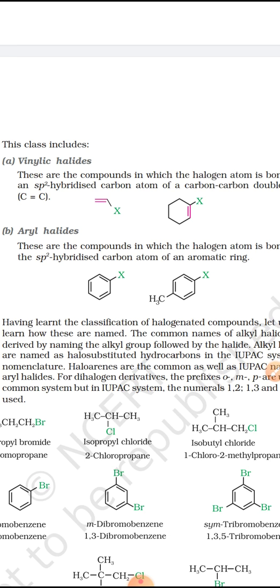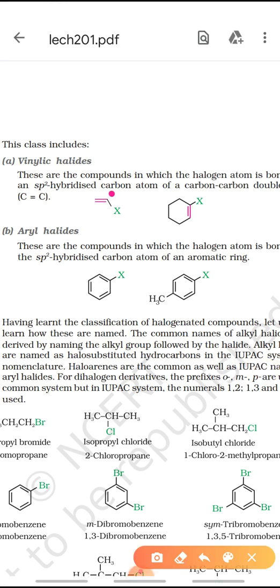We cannot say whether something will be asked or not, but still for your knowledge we are studying. Next are vinylic halides. Vinylic halide means the carbon containing the halogen is itself an sp2 hybridized carbon, having a double bond. And aryl halides are actually your haloarenes.